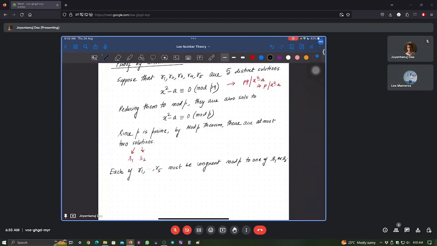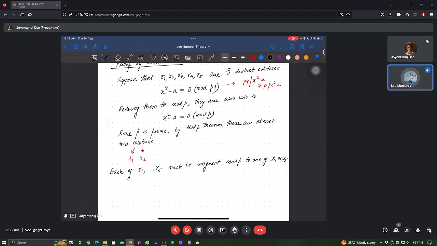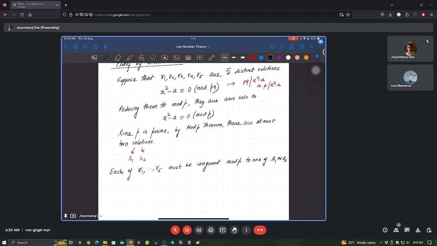Each of the roots must be congruent to one of S1 or S2, right? That is the condition we got.